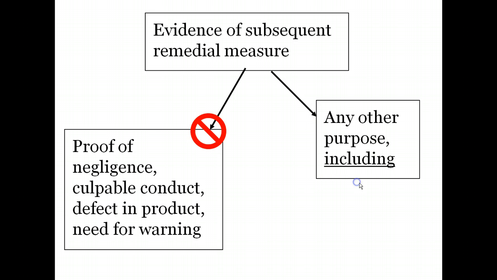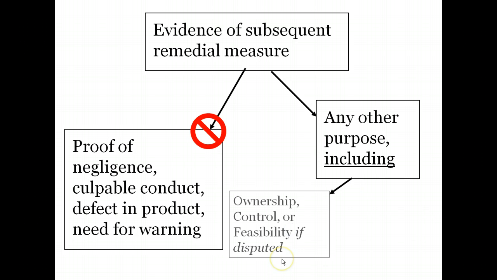Those other purposes include ownership, control, or feasibility, but only if it is disputed in the lawsuit, or alternatively, impeachment. Okay. But remember, when it's offered for another purpose, it is still subject to Rule 403's balancing.